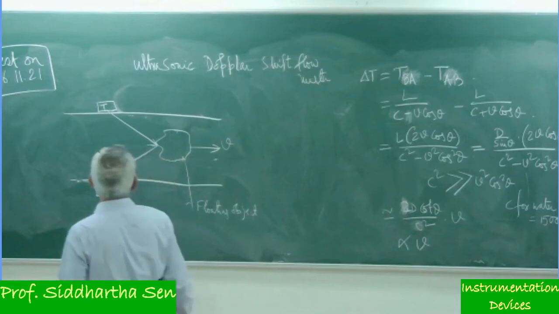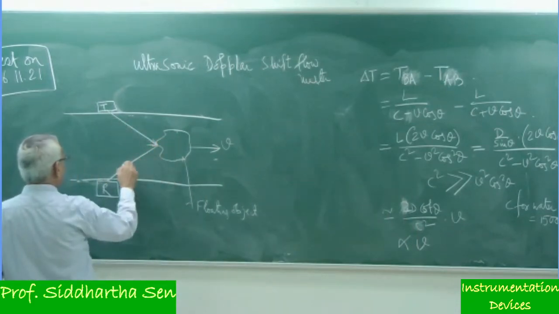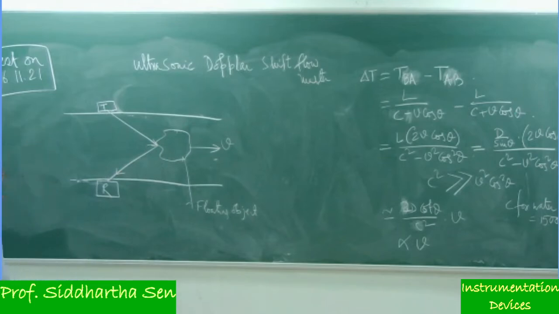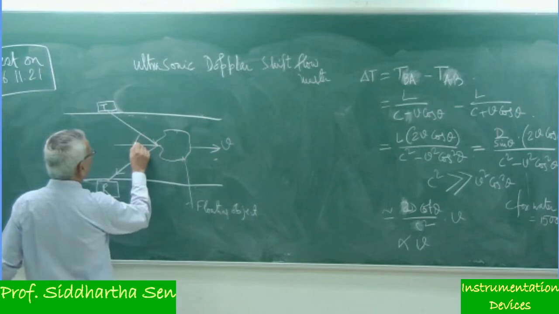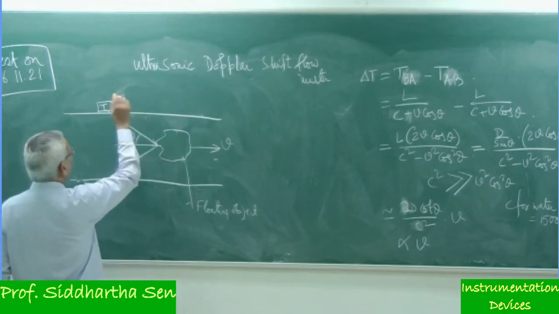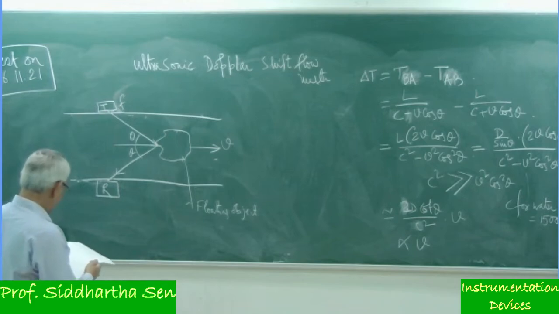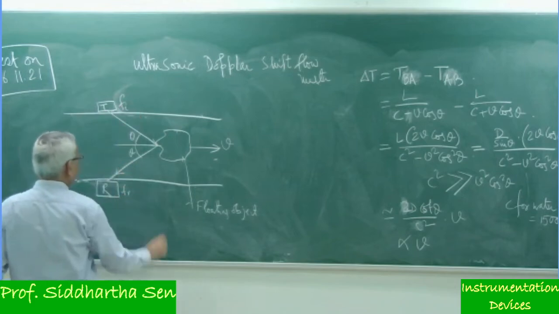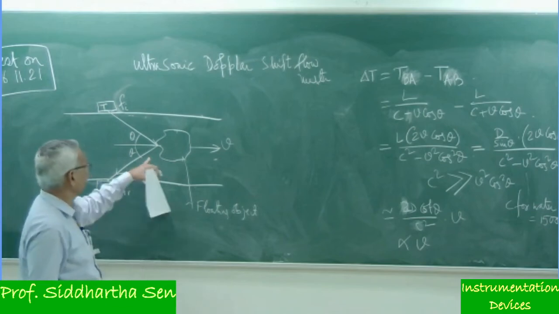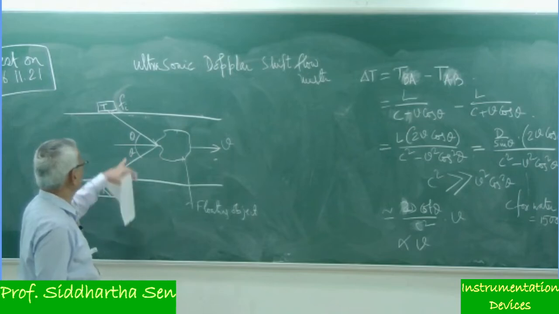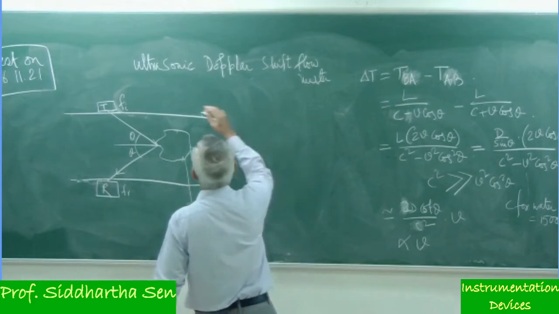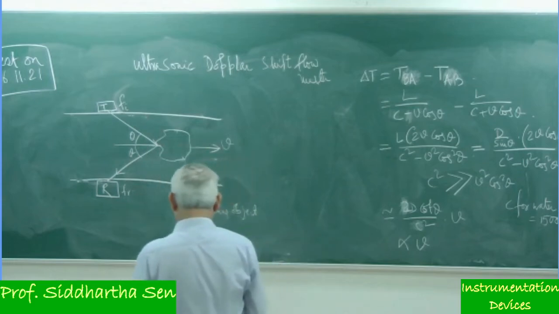So the wave will get reflected and received by another ultrasonic receiver, and this angle I call theta. But the frequency it is transmitting, Fi, and the frequency I am receiving, Fr, would be different, because of the same principle of Doppler shift, since it is moving.